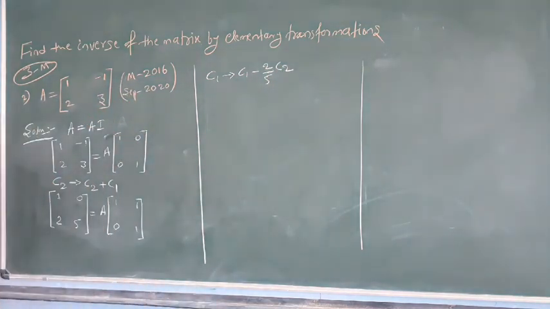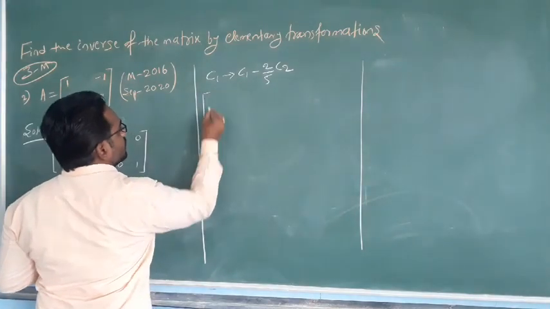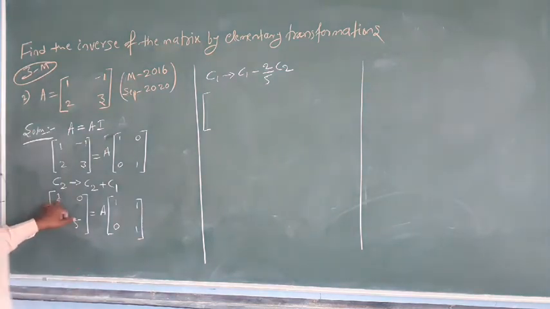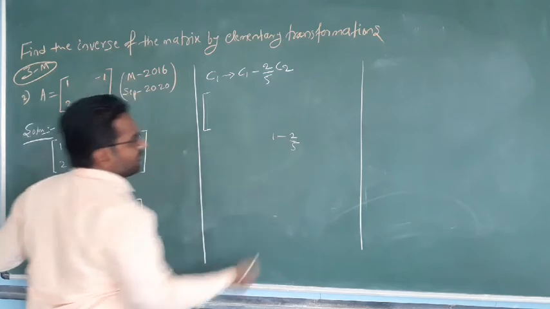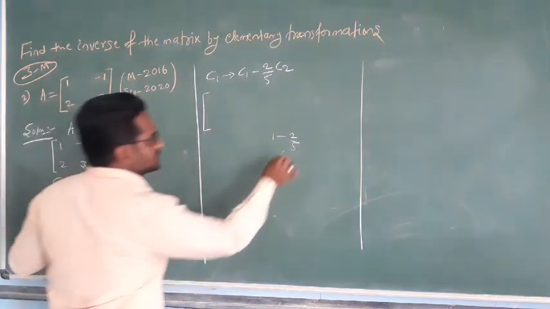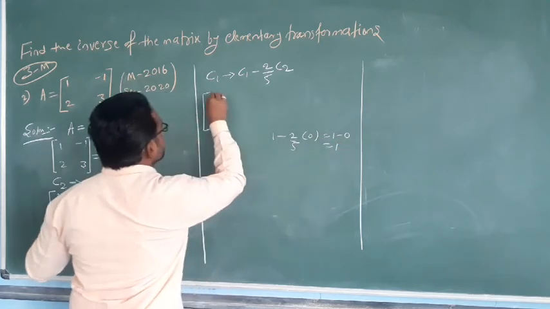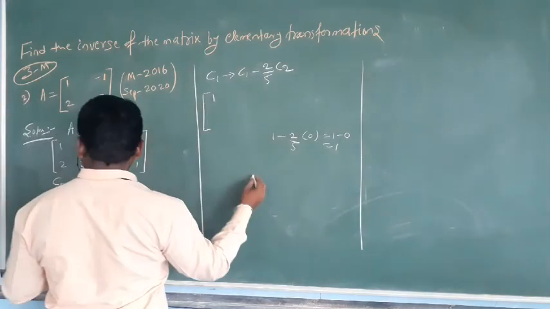See here, students, what is the C1 value? The first value is 1 minus 2 by 5 times the C2 value, that is 0. So 1 minus 0, that is 1. The first column, first value is 1. Next it is 2.